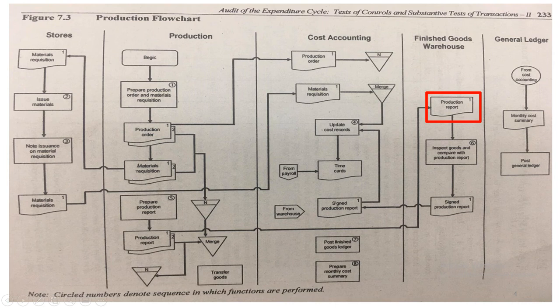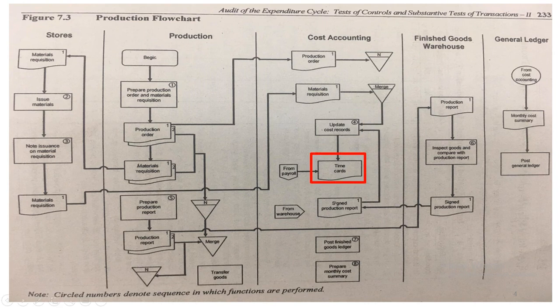So the finished goods warehouse will then inspect the goods and compare the production report, and then later on they will sign the production report to be given to the cost accounting for record and updating of the cost records. So aside from the issuance of materials requisition, the production report is also part of the recording or updating of the cost records of the company.